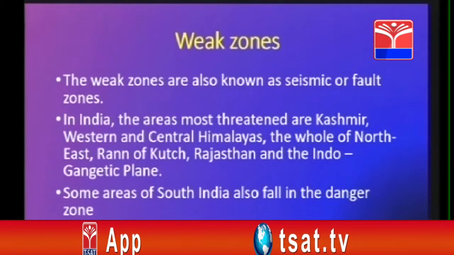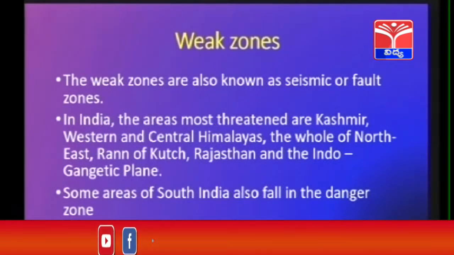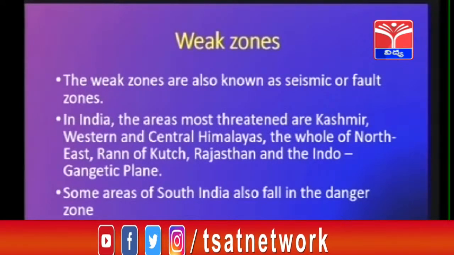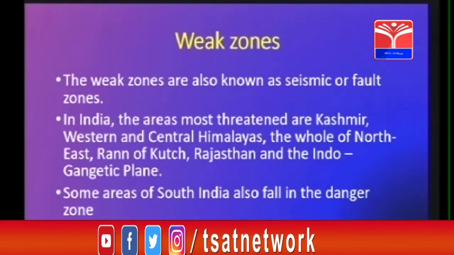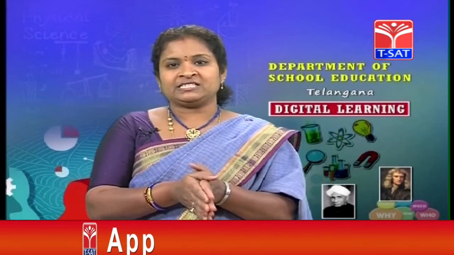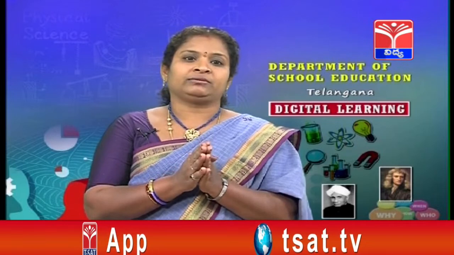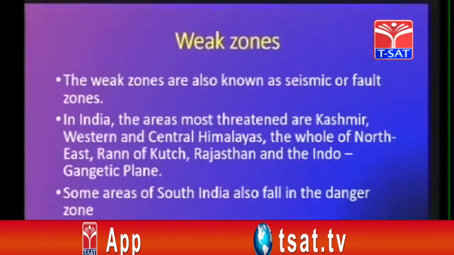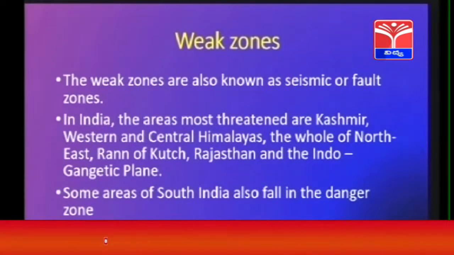Now children, in India we have some weak zones. What are these weak zones? They are also known as fault zones or seismic zones. Children, in India, mainly in North India, we have many places like Kashmir, Western and Central Himalayas, because we can see flow of lava under these mountains.